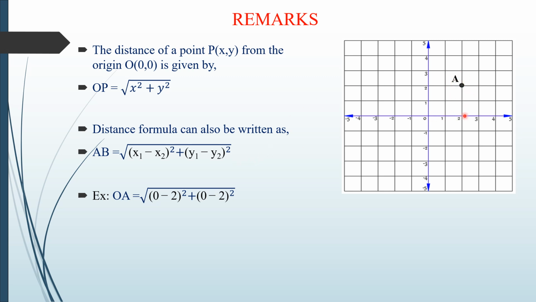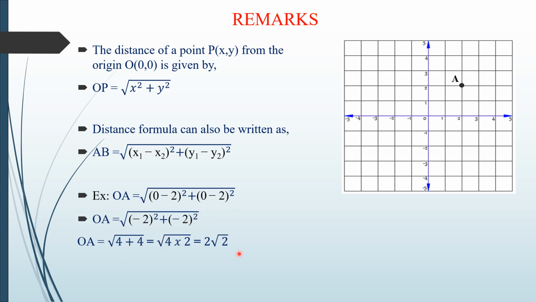You can see that the x coordinate of point A is 2 here, that is 0 minus 2 whole square plus y1 minus y2 whole square. The y coordinate of this point is again 0. I'll substitute it as 0 minus y2, meaning the y coordinate of this point A, that is 2 units, minus 2 and whole square. Here you can see 0 minus 2 is minus 2 and its square is 4, plus this is also 4.